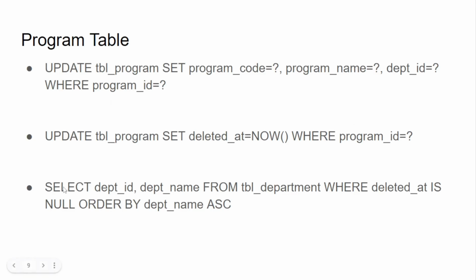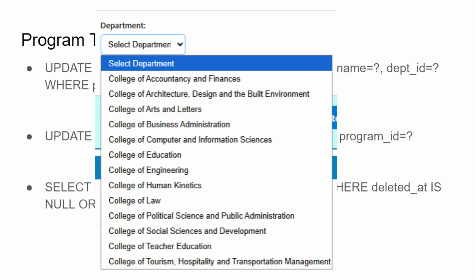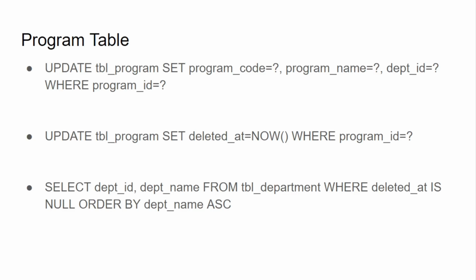And we also have this query because in our program table we have a drop down box that contains all the departments, and in order for those values in the drop down to populate, we did this query: select dep id, dep name from table department, also filtering it so that it only gets the non-deleted values, and then we order by department name in ascending order.